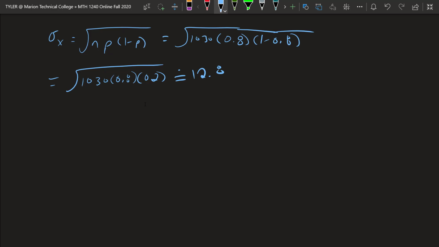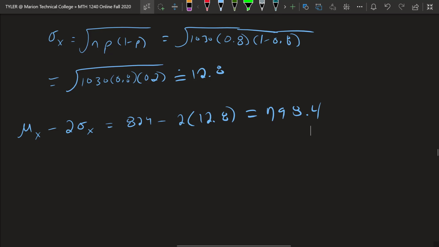Right? So if I take the mean minus 2 standard deviations, that would be equal to 824 minus 2 times 12.8, which is equal to 798.4, right?